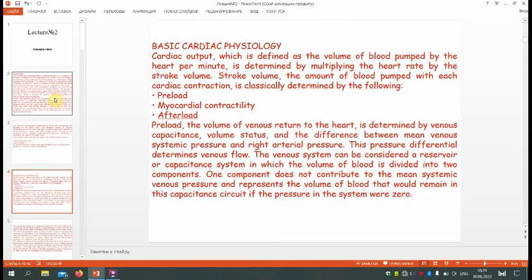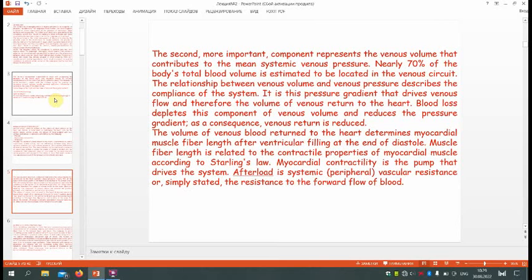One component does not contribute to the mean systemic venous pressure and represents the volume of blood that would remain in this capacitance circuit if the pressure in the system were zero. The second, more important, component represents the venous volume that contributes to the mean systemic venous pressure.